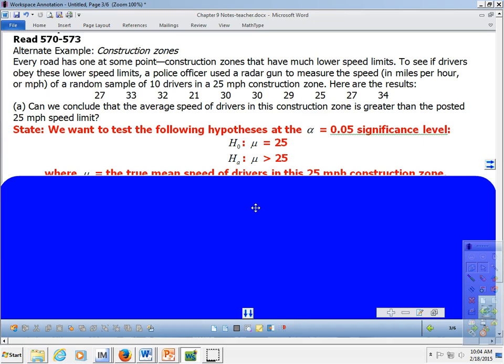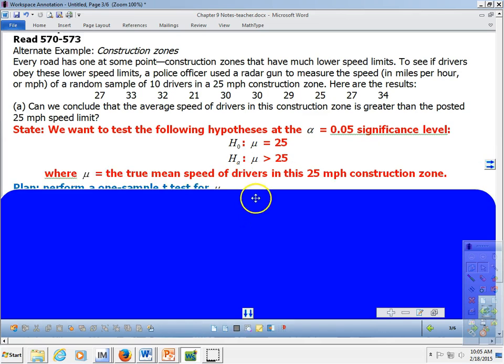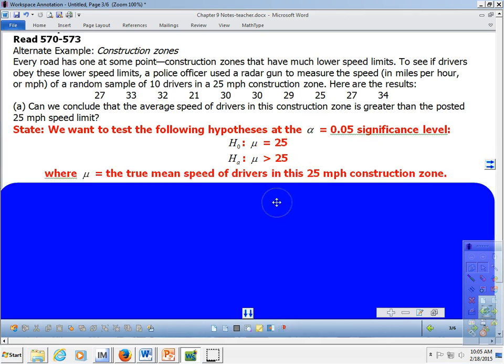We're trying to find evidence for that average being actually higher than 25 miles per hour. And we're going to do that at a significance level of 0.05. Now, because we're actually using mu in our hypotheses, we need to go ahead and define mu. Let everybody know what mu stands for here. And mu is the true mean speed of drivers in this 25-mile-per-hour construction zone.